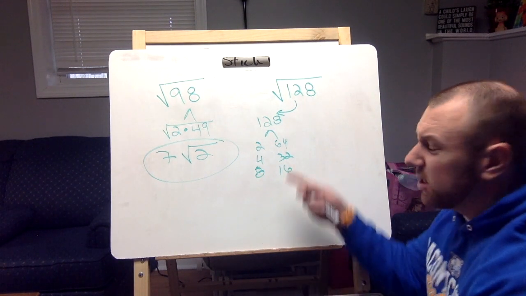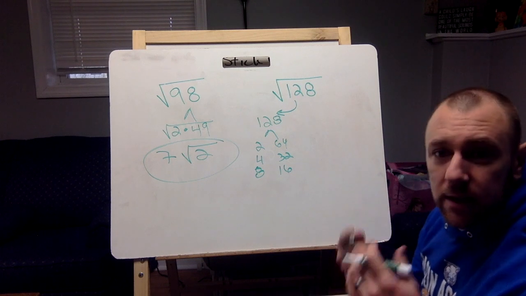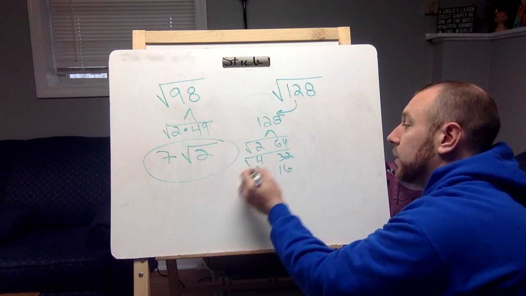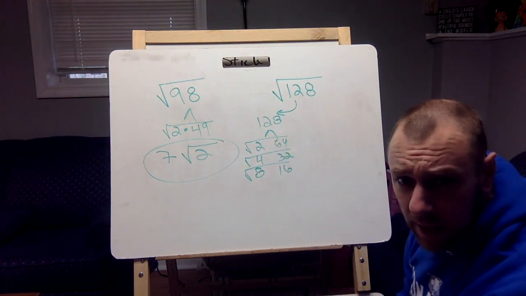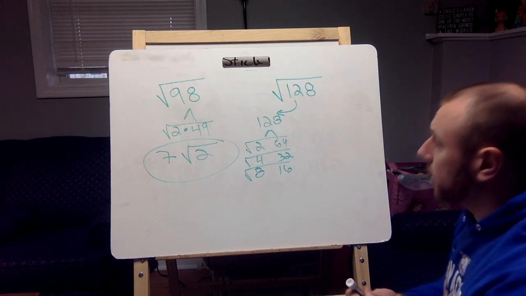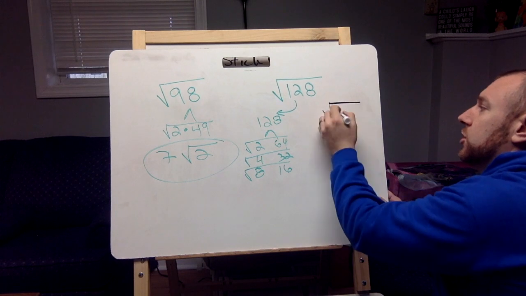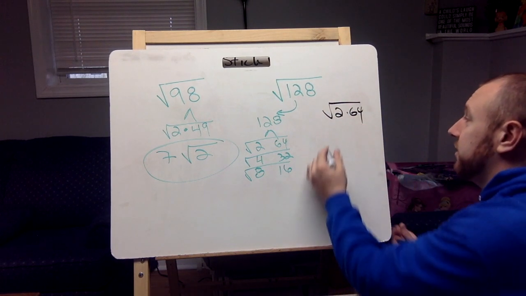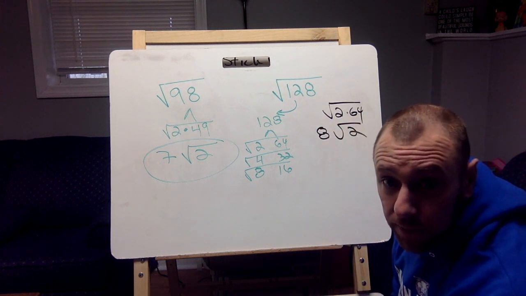These are pretty much all the numbers that I think you would come up with. Now, if I take this first option, 2 and 64, and break this down into 2 times 64, I notice I can find the square root of 64 really quickly, and that's 8 times the square root of 2.